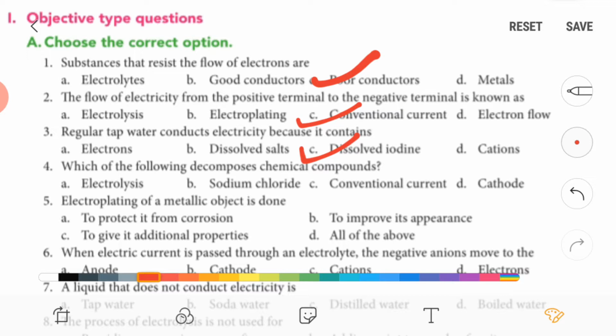Question number 4. Which of the following decomposes chemical compounds? So, the answer is electrolysis.